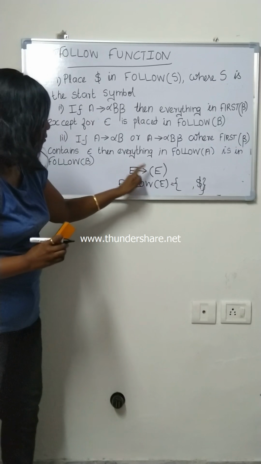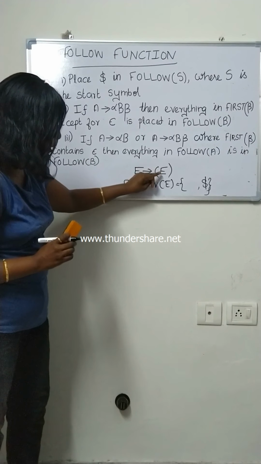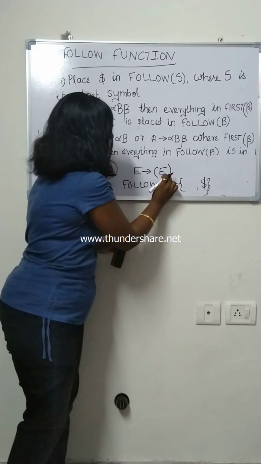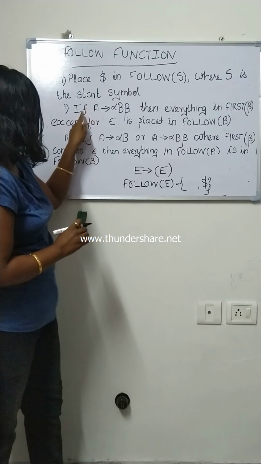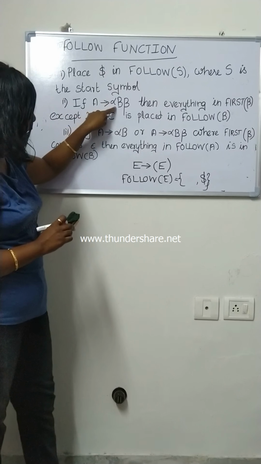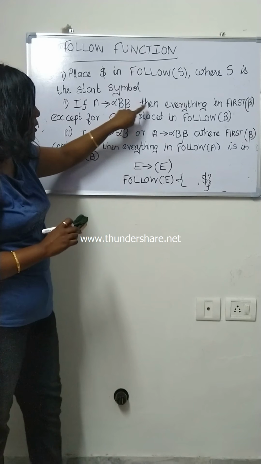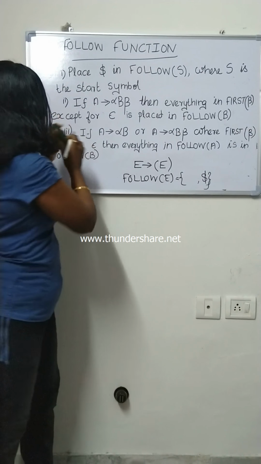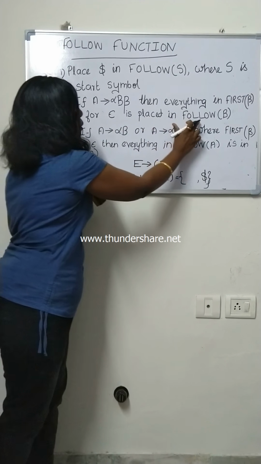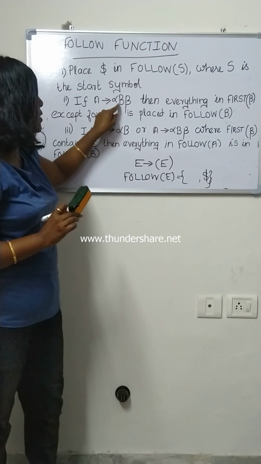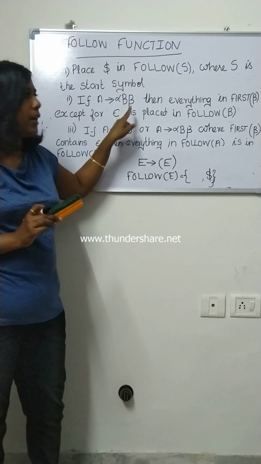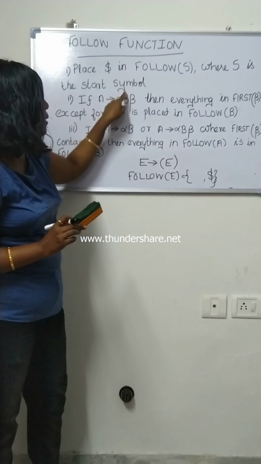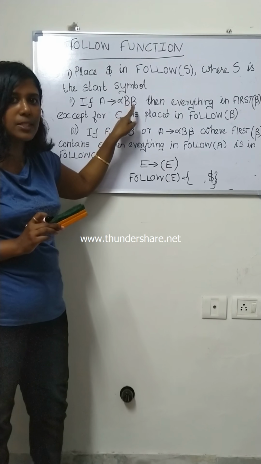Now we are going to find the follow function for E followed by something. Whatever is there, we have to find first of that. The rule is, if A derives alpha B beta, then everything in first of beta except for null is placed in follow of B. In this case, if I want to find follow of B, then I have to find first of beta.